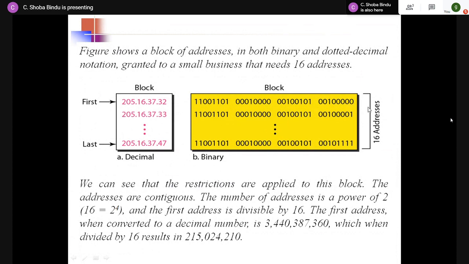So these two addresses in any network, the first address containing all zeros in the host ID and the last address containing all ones, are the special addresses. If the host ID field is all 0, it indicates the network address, and if it is all ones in the host ID, it indicates the broadcast address in that particular network.